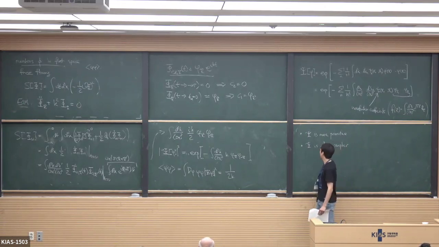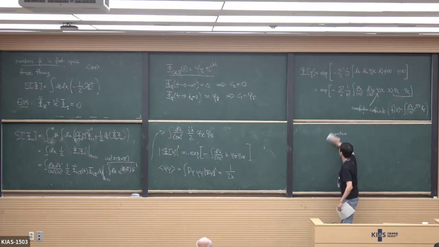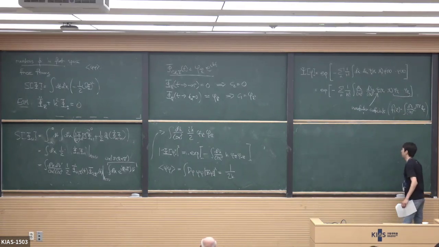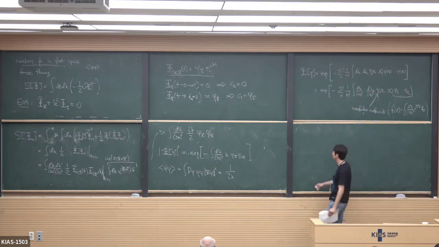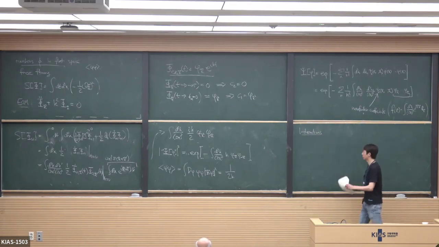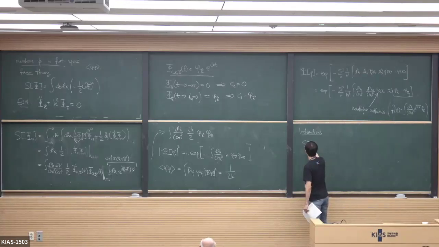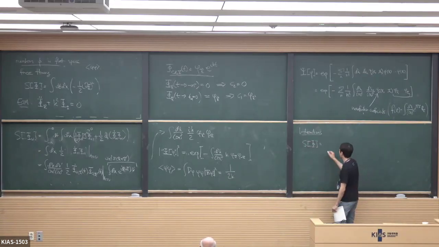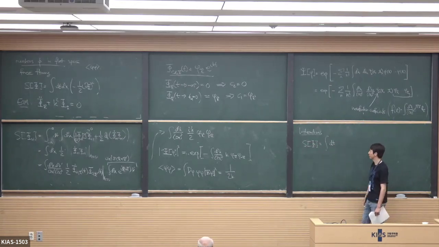Okay. If not, we're going to move on to the interesting part of the calculation by adding interactions. Okay, so let's now add some interactions. So now our action will contain some interaction terms. So we're still working in Minkowski space.